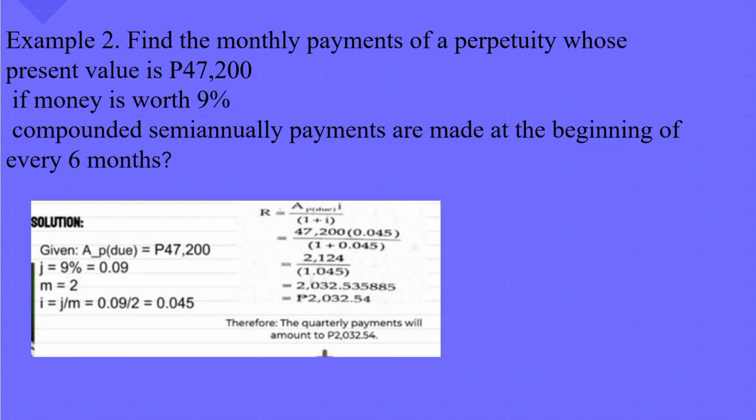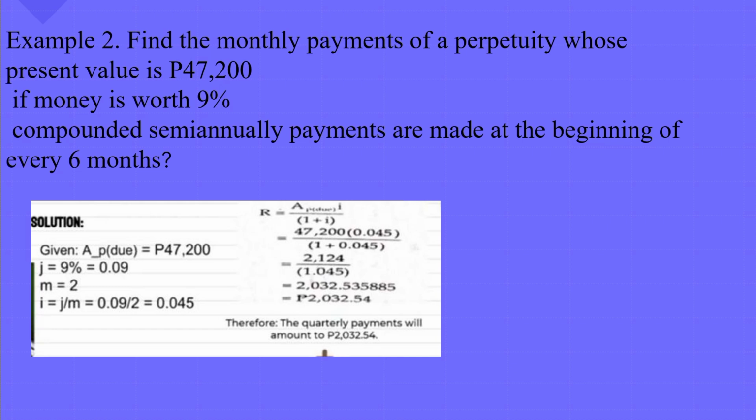So we will now substitute the given to the formula. 47,200 pesos times 0.045 over 1 plus 0.045. So 47,200 pesos times 0.045 is 2,124, and then over 1 plus 0.045, which is 1.045.